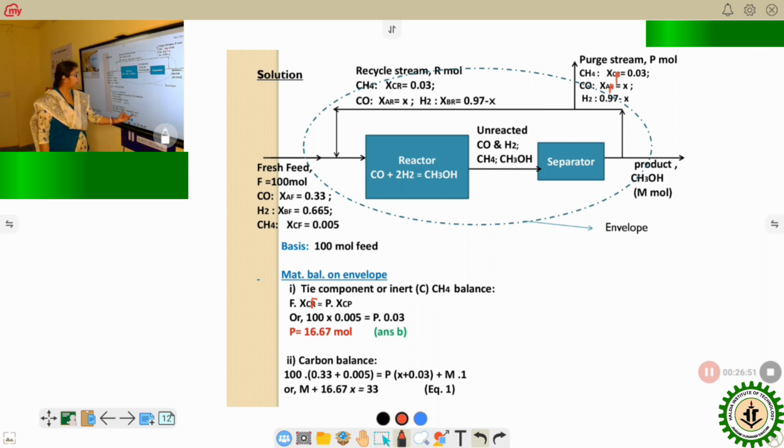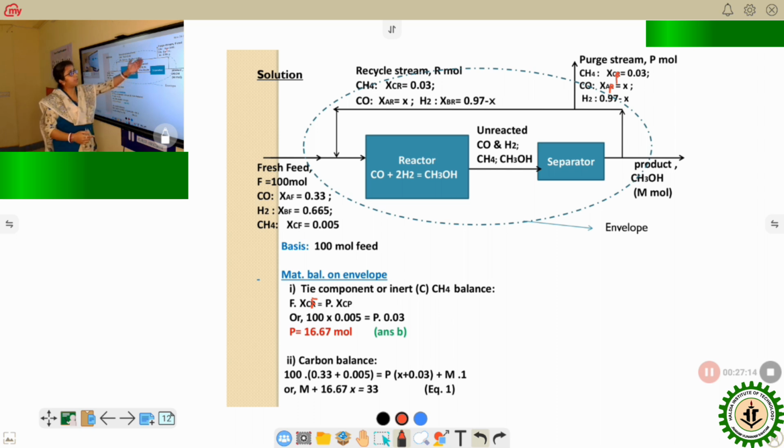Then the total carbon leaving in moles will come from the purge stream and the product stream. In the purge stream we get P into 0.03 of methane, so carbon is obtained P into 0.03.